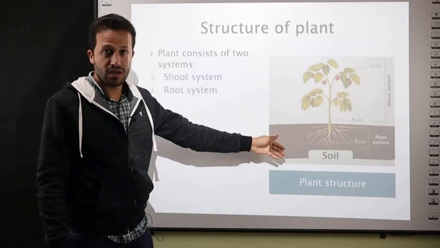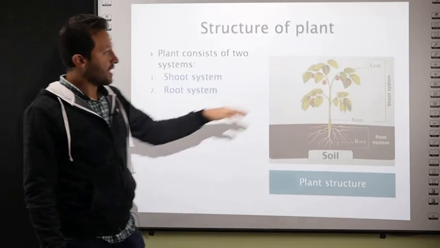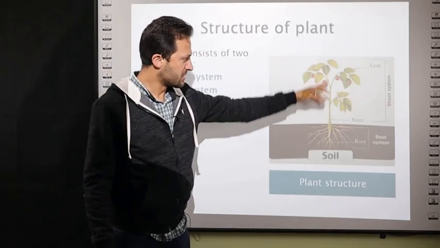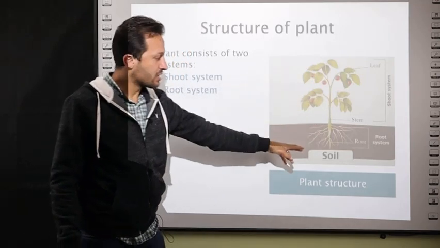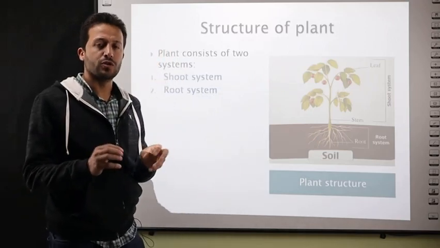As we see, the shoot system consists of leaves, stems, fruits, and flowers, while the root system consists of roots and something called root hairs.